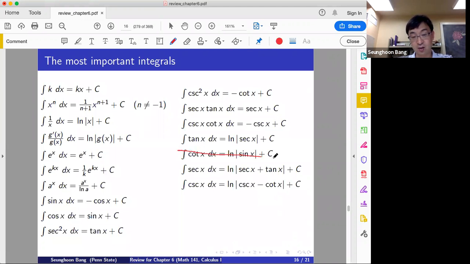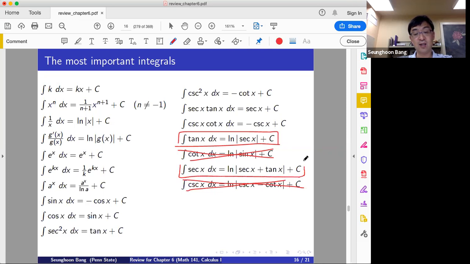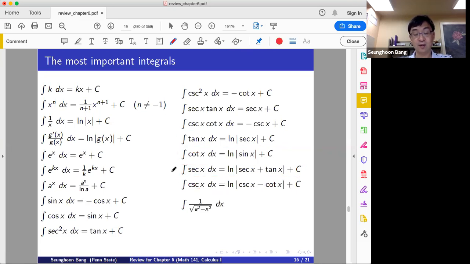You don't need this one. Only memorize this one. The integral of tangent x is ln of the absolute value of secant. The integral of secant x dx is ln of the absolute value of secant plus tan. You can memorize these two things. Next, do you remember this one? Could you write your answer on the chatting board?